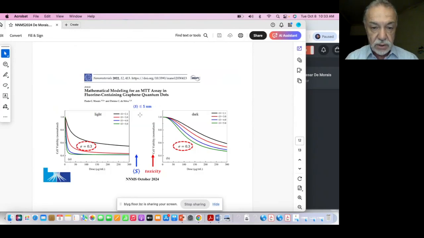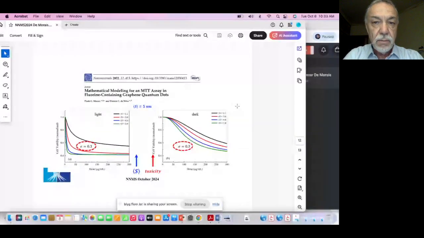And what I found, and this is a very important point, at very small range, below 5 nanometers, if I increase the mean size from 2.1 to 5, I increase the cytotoxicity.